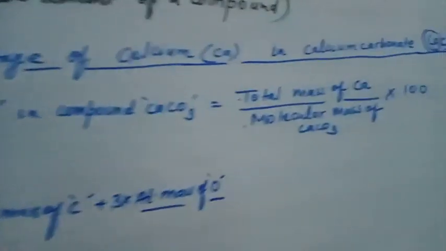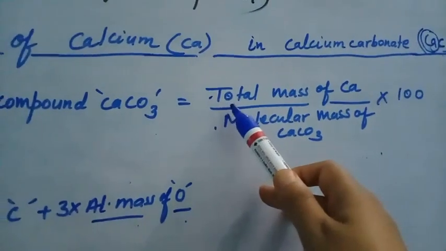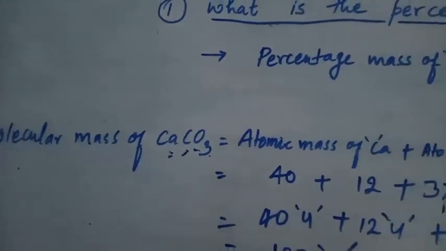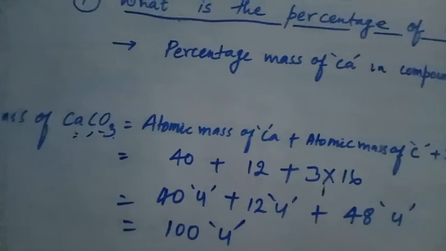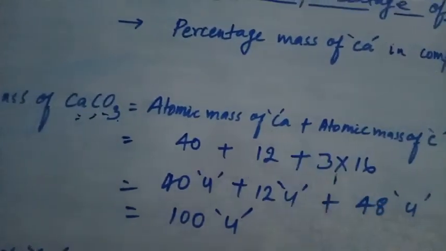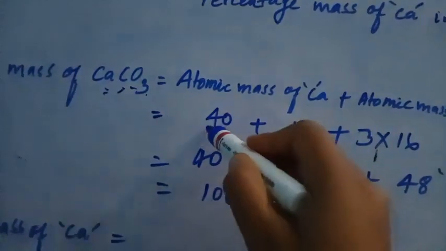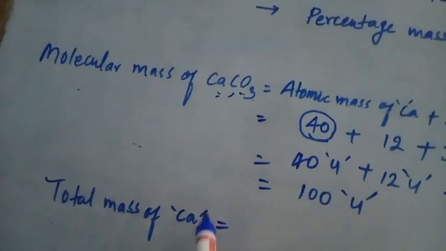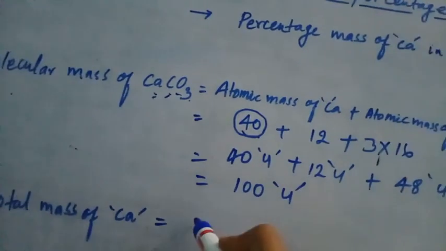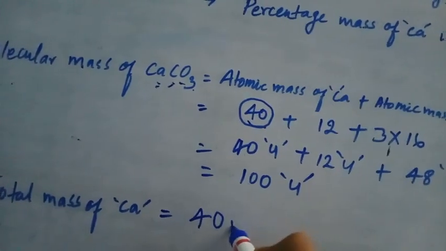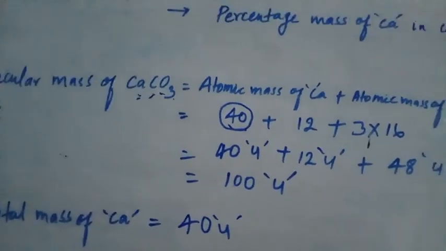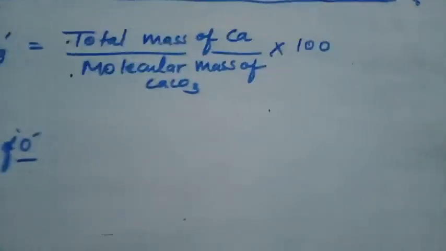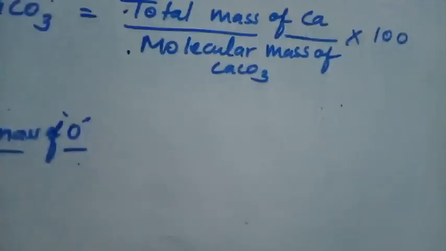Now we have to calculate total mass of calcium. So from the molecular mass of calcium carbonate, you know atomic mass of calcium is how much? 40. So this value only will be the total mass of calcium in calcium carbonate. So it would be 40 u. Now we know the values and we will put it here in the formula.